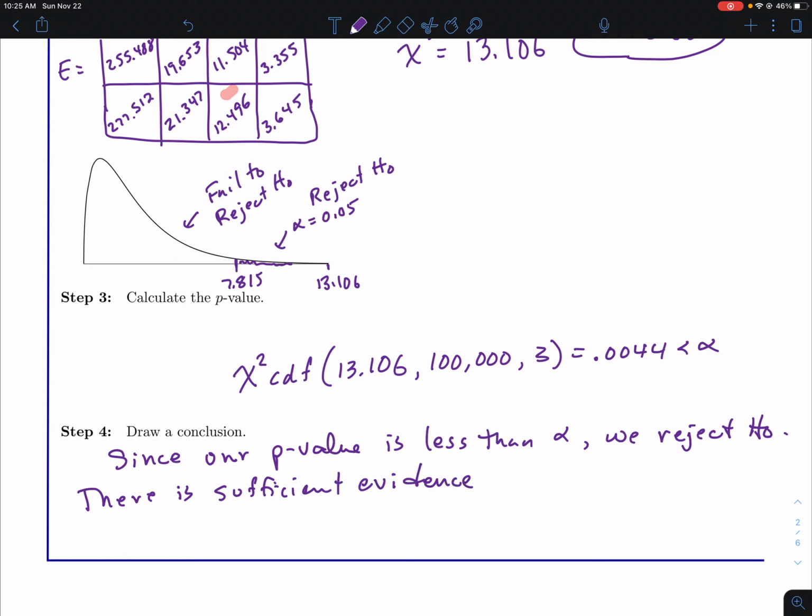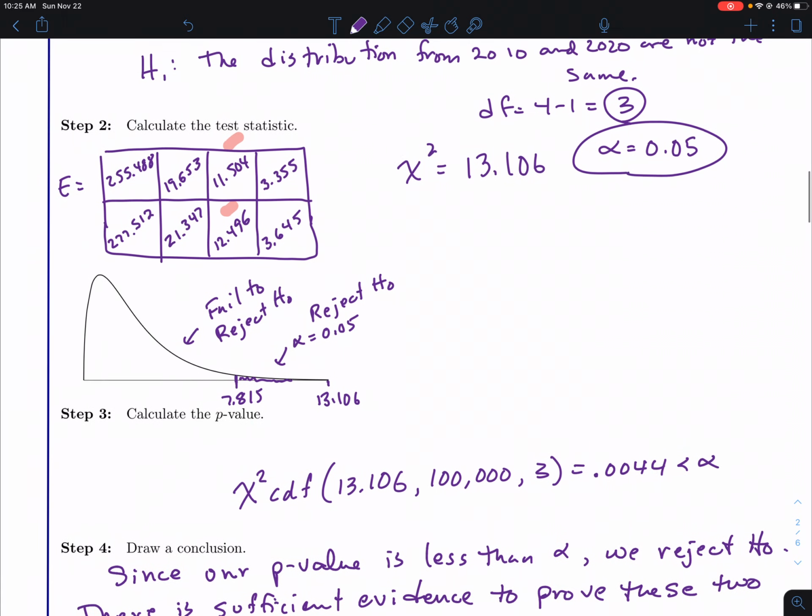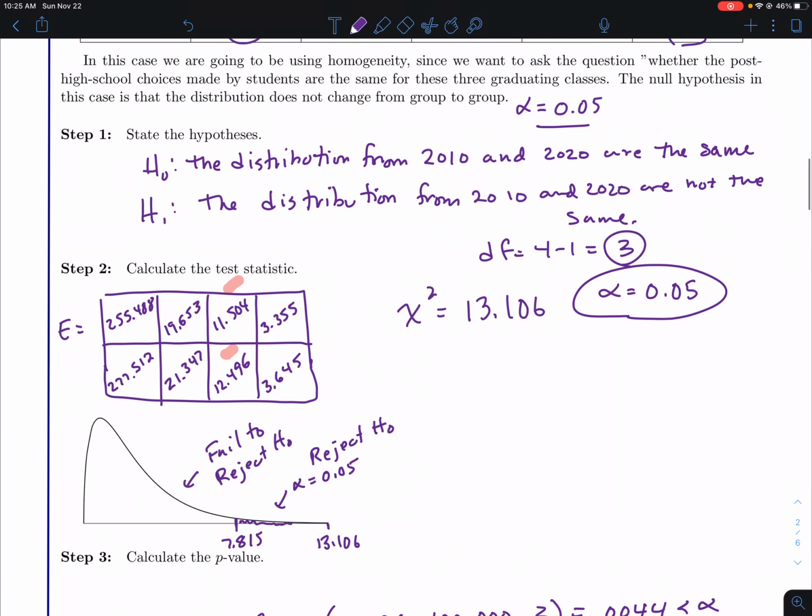There's sufficient evidence to prove these two distributions are not the same. And again, not that we write it down, but we can actually see where this breaks down, and it's because of the military.